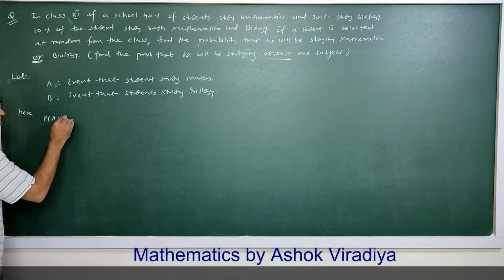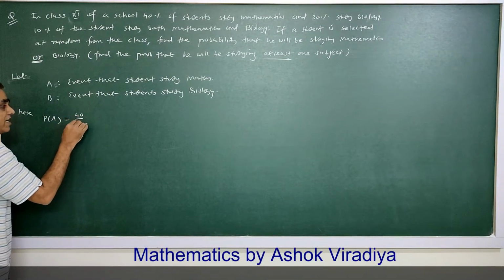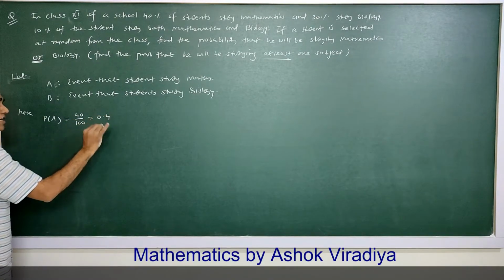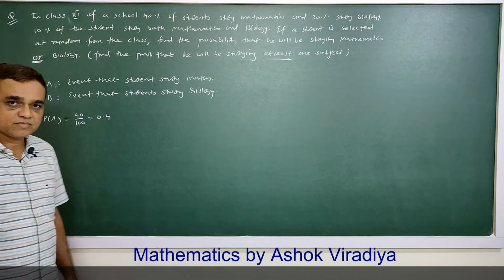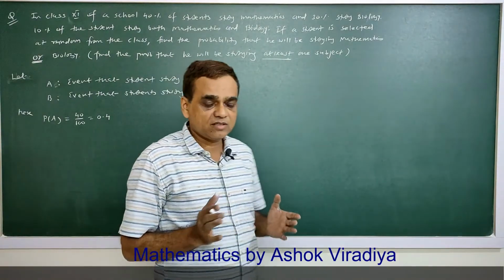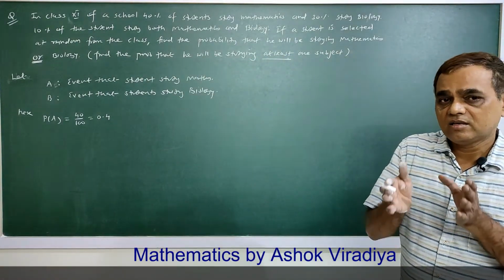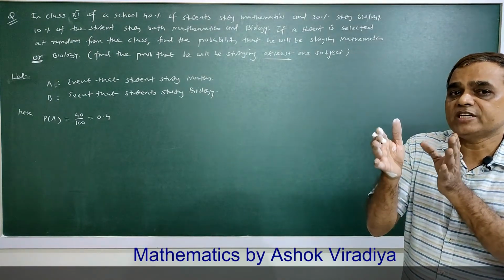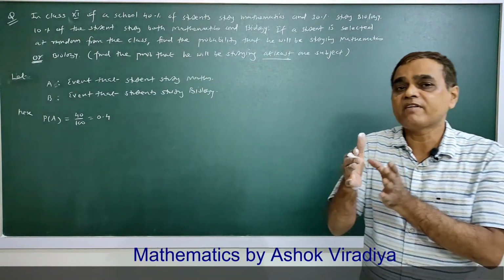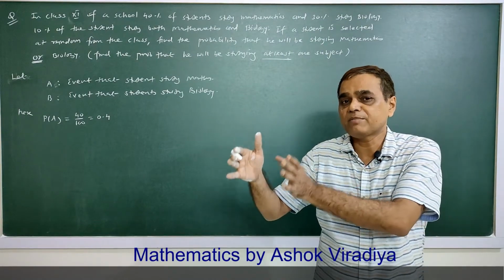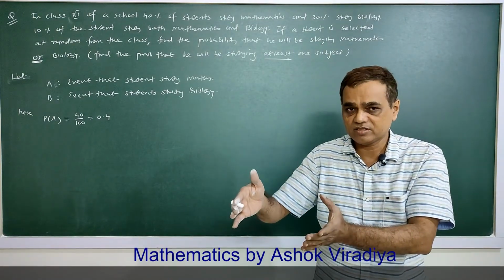So the probability of event A is 40 by 100, that is 0.4. In mathematics, many values are given in percentage.